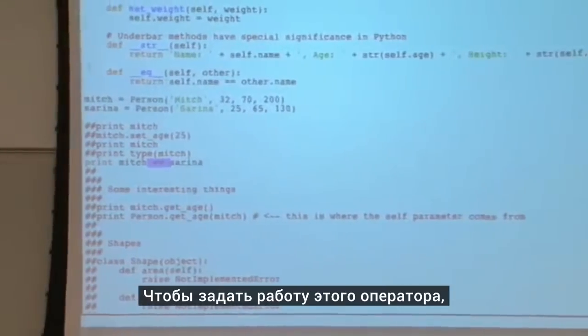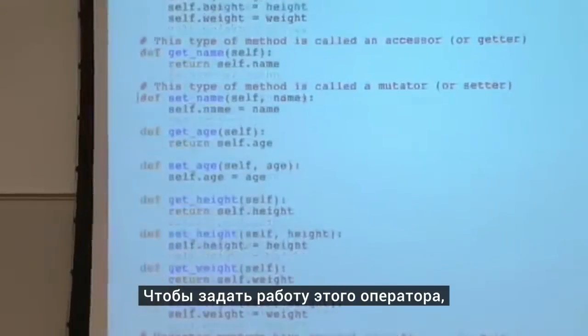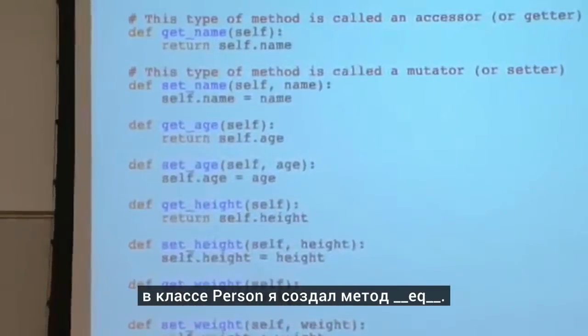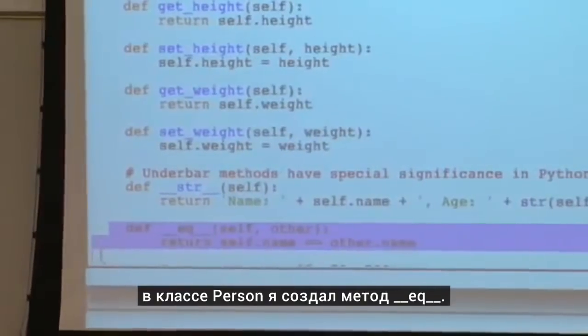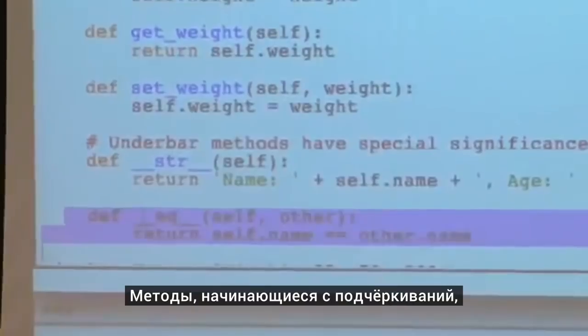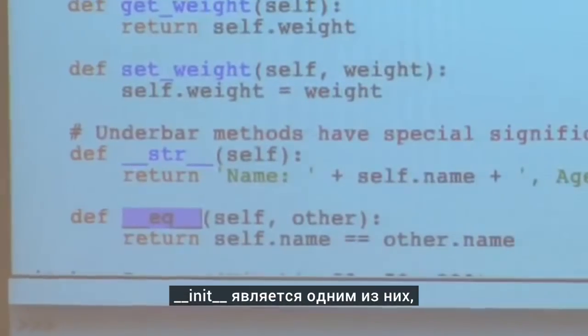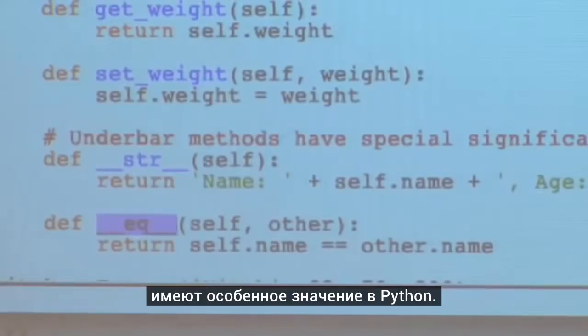The way that we define that is that on this person class, I've defined this function underbar EQ underbar, right? The underbar methods, and underbar init is one of them, have a special significance in Python.